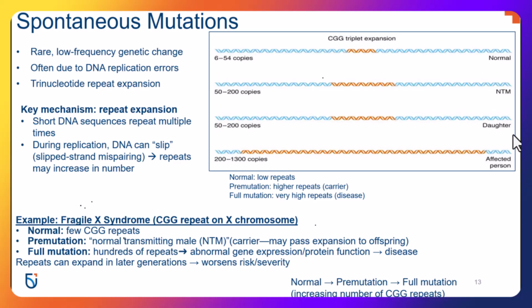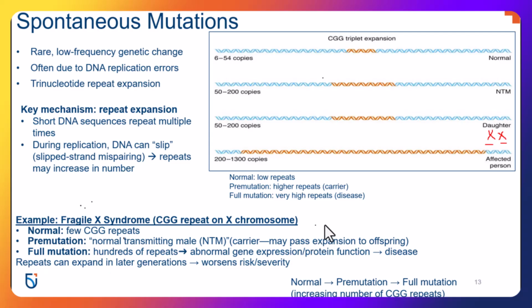Now, in many cases, if this male has a daughter and she inherits the expansion, she may not have obvious symptoms. That's partly because she has two X chromosomes, right? She inherited one from dad. So one is healthy from mom, one is a premutation from dad.